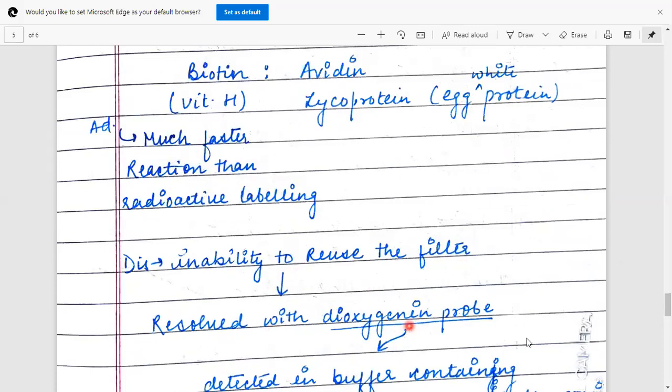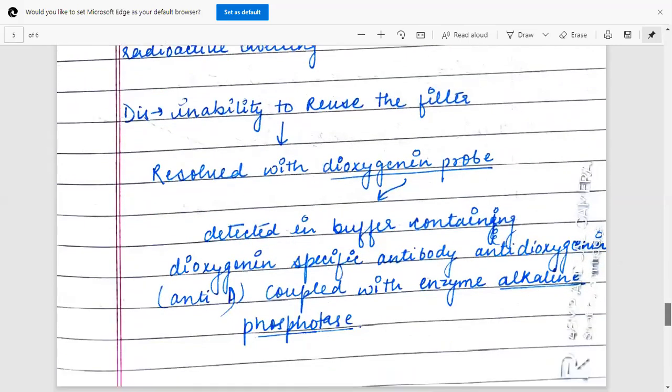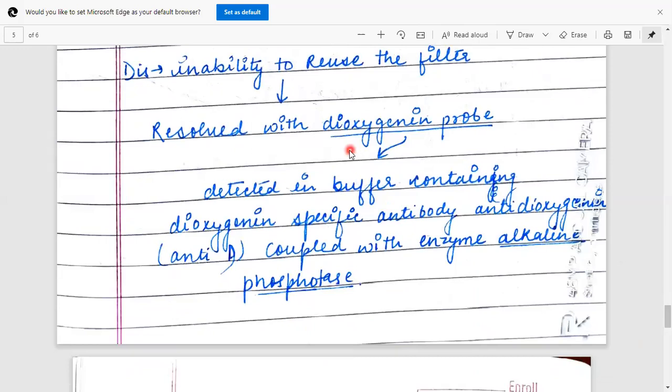That can be resolved further with another non-radioactive labeling, that is with the use of digoxigenin on the probe. It can be detected in a buffer containing digoxigenin-specific antibody, called anti-digoxigenin, coupled with the enzyme alkaline phosphatase, which is important.